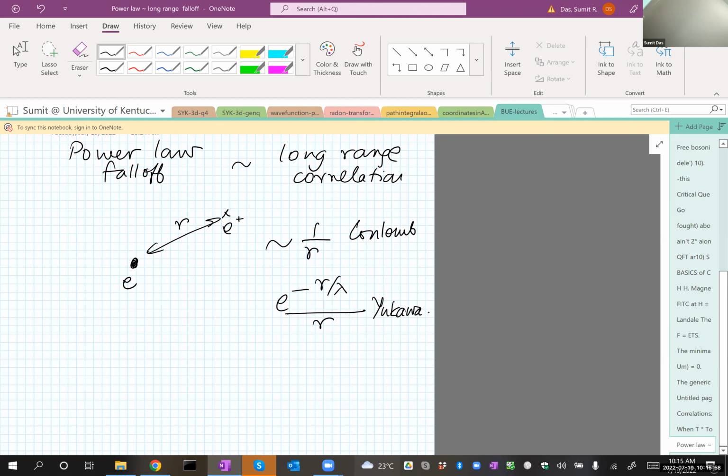It turns out that the key to understanding the critical behavior near critical points has to do with these long-range correlations. The presence of long-range correlations is the key to understanding critical phenomena.